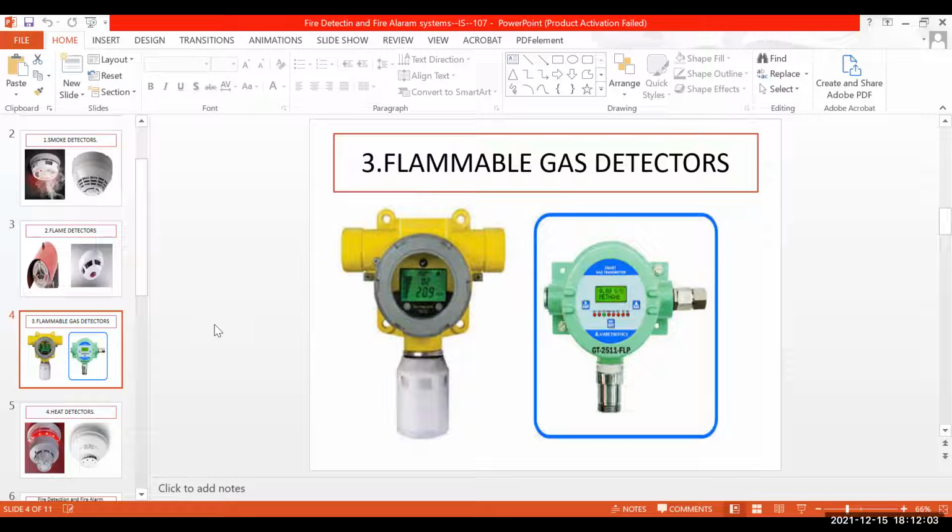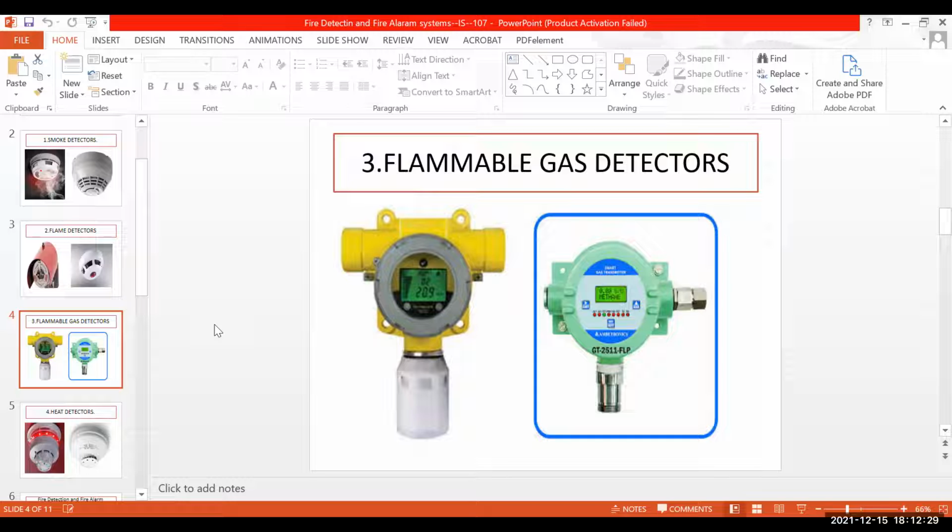These won't be on a multi-detector basis. In some locations multi-detectors will be installed, but in others, based on the material produced there and whatever flammable gases might be present, these detectors will be kept over there.